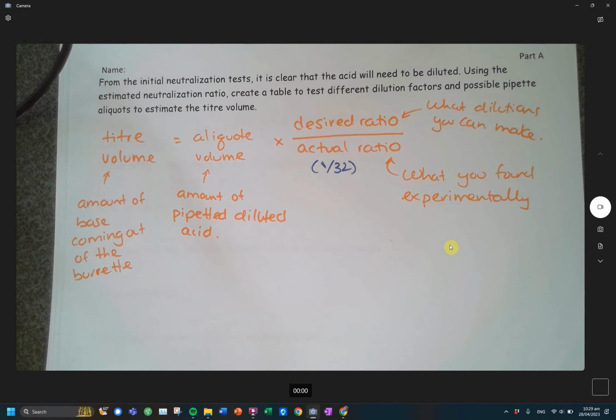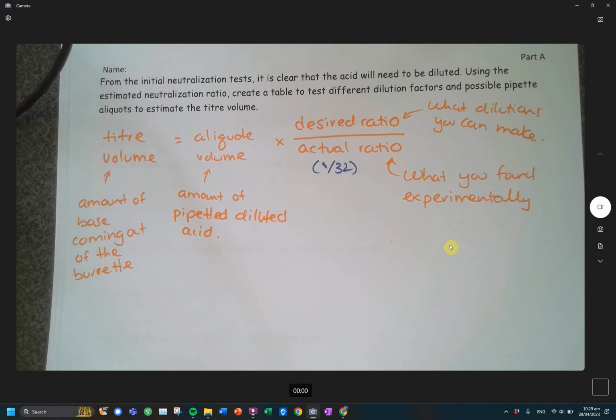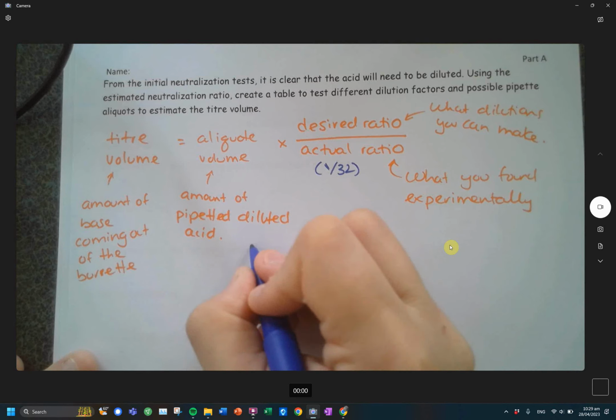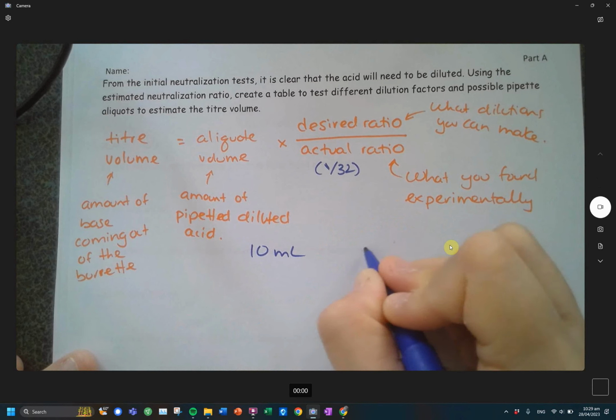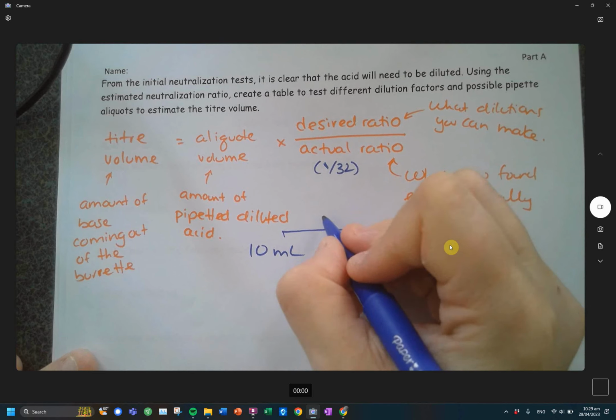All right, then I set up a table. On the top of the table, I like to put my pipette options. What were my two pipette options? 10 and 25. So 10 milliliters and 25 milliliters. These are my pipette options.